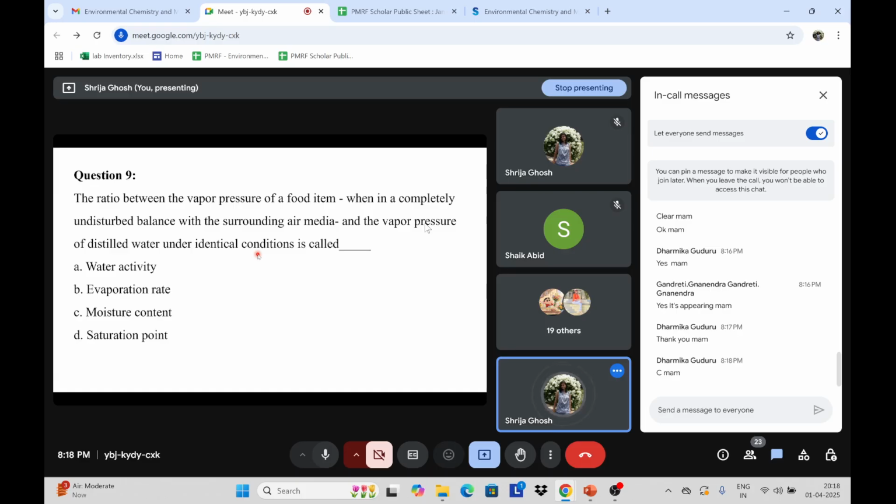I have one answer, option C, that is moisture content.